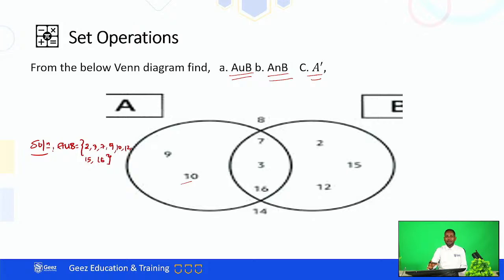This is A union B, the elements that belong to either A or B.